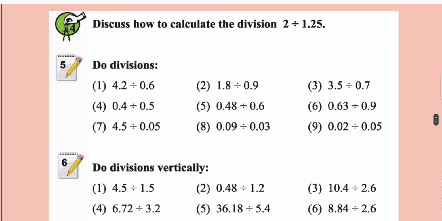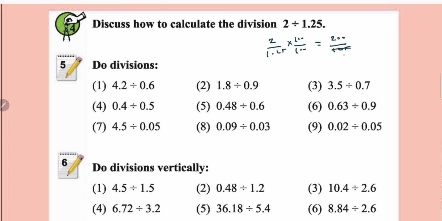How to calculate the divisions? 2 by 1.25. First multiply with 100 on both sides, you will get 200 by 125. Now it is easier.